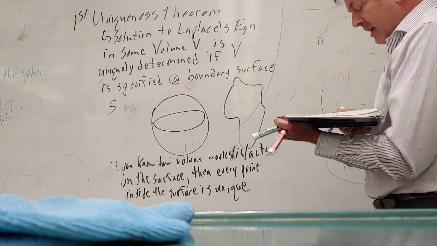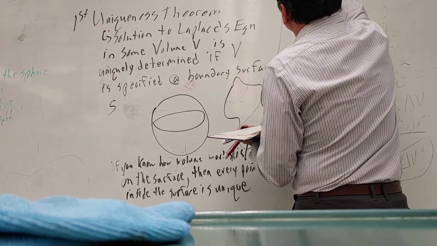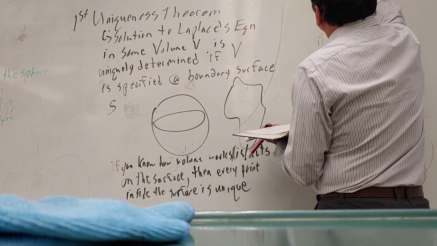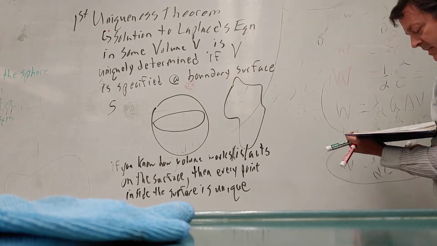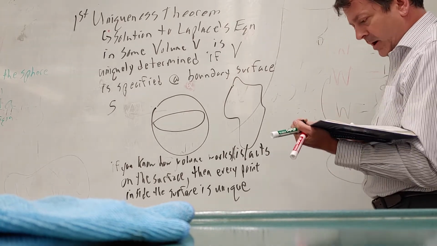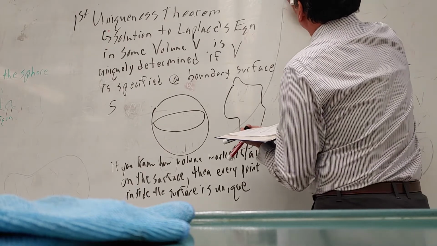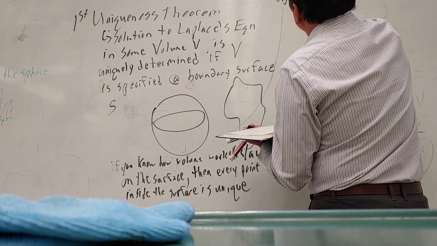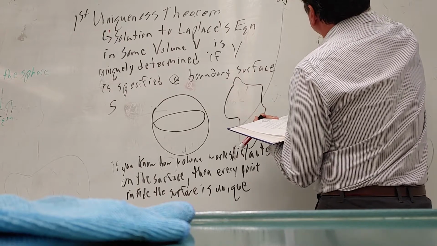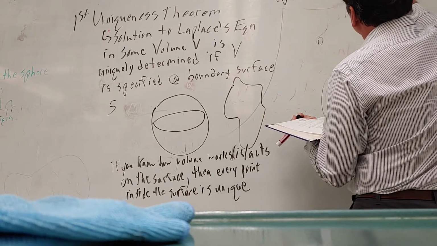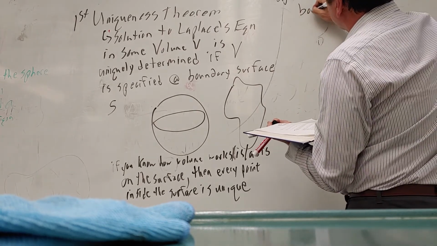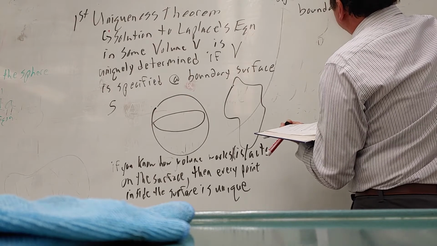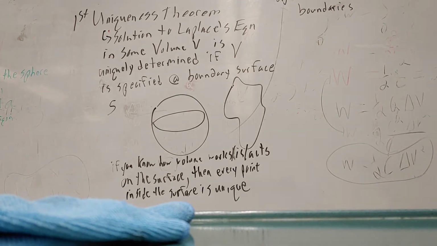But here's the thing. If it satisfies Laplace's equation, and we did that last time, and it has the correct value, if you know what the correct value is at the boundaries, which is the surface of that volume, then it's all good.